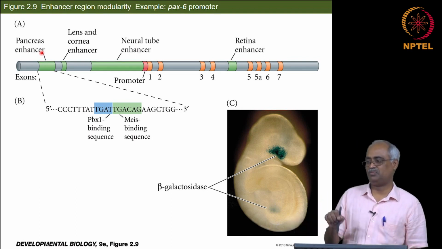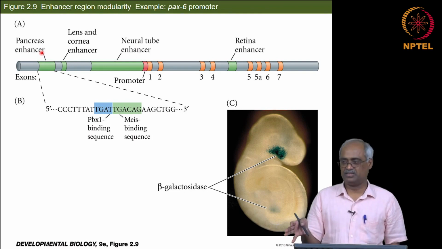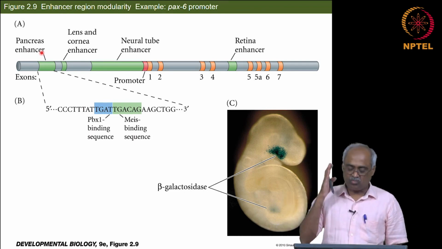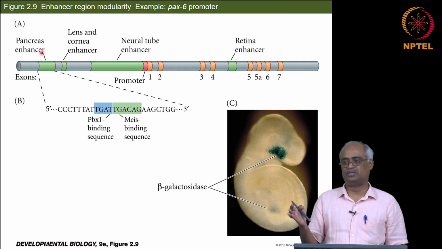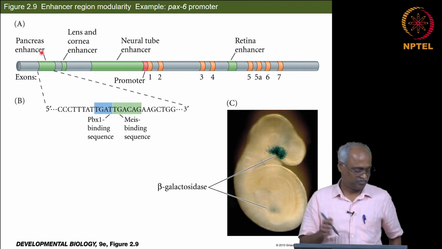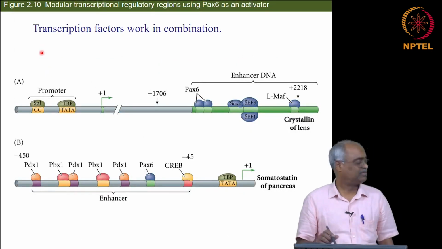Okay. Transcription factors act combinatorially or in combination, and enhancers act in a modular fashion, each module responsible for one specific tissue. So that is further explained in this particular cartoon.